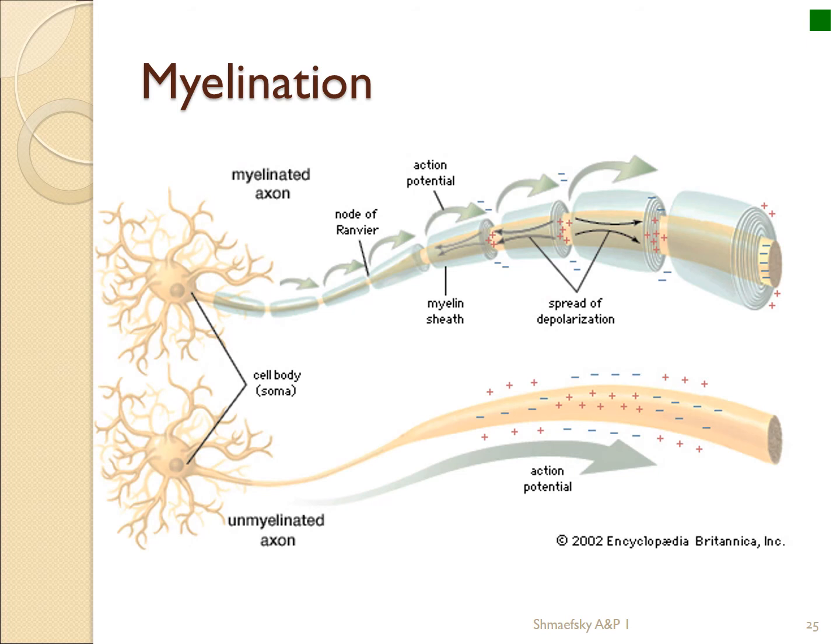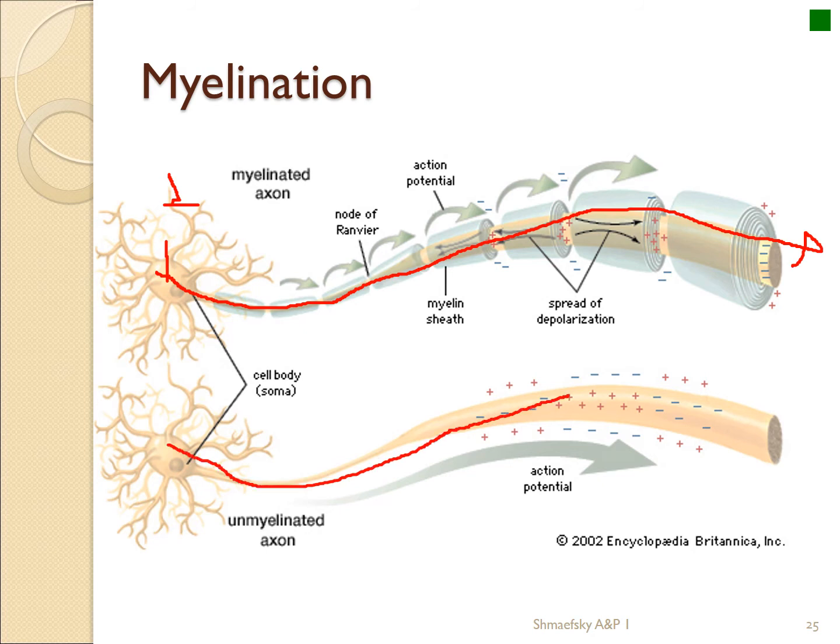Myelination is probably the most important factor that determines how fast an axon passes an action potential down its length. Because understand, an action potential occurs here or here, so that electricity travels from here all the way down there in an action potential. And the same is true for here.